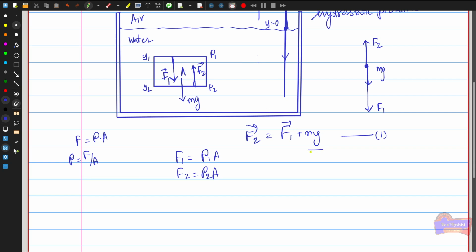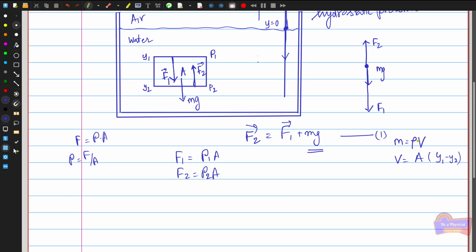And for the gravitational force mg, m is the mass of the water layer, so I can write mass equal to density times volume of the water layer. The volume is the product of the area of the face multiplied by the height. Therefore, V equals area times the height, which can be written as y1 minus y2, because y1 is the top layer and y2 is the bottom layer. So m equals rho V, which is rho times A times (y1 minus y2).